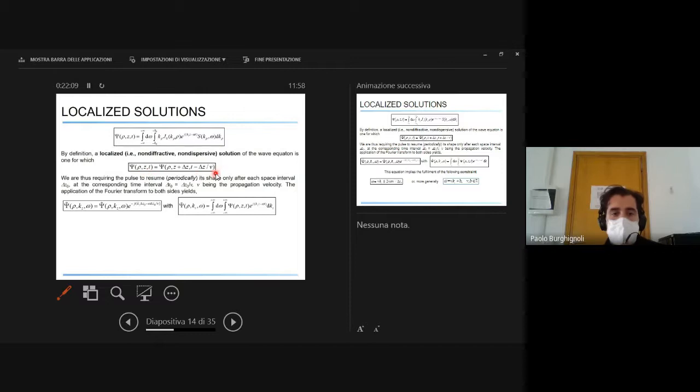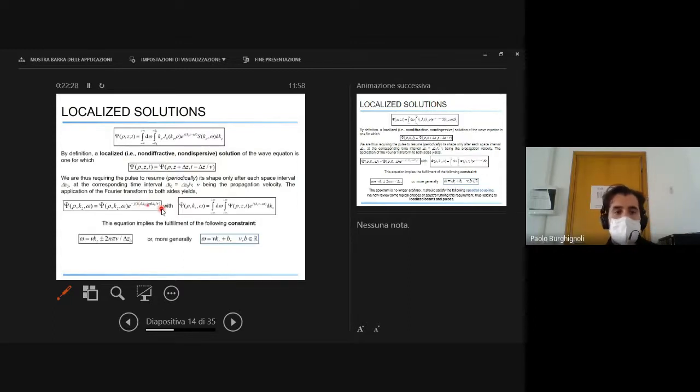This property here is enforcing the rigid transport of the wave along the z direction, as we set here. And if we apply the Fourier transform on both sides of this relation, we obtain that this equation, the rigid transport of the wave, implies the fulfillment of the following constraint.